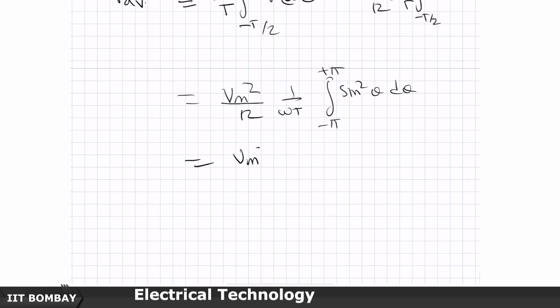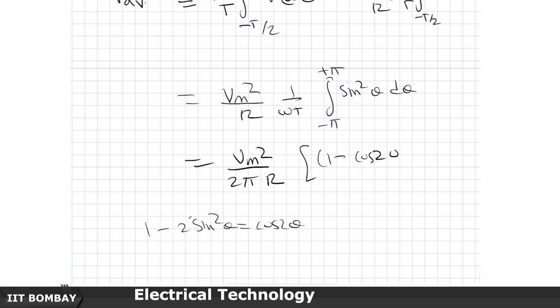This will be Vm square, and omega T is 2 pi, so 2 pi by R. And sin square theta: 1 minus 2 sin square theta is equal to cos of 2 theta.